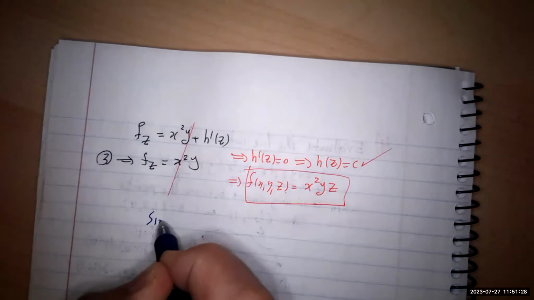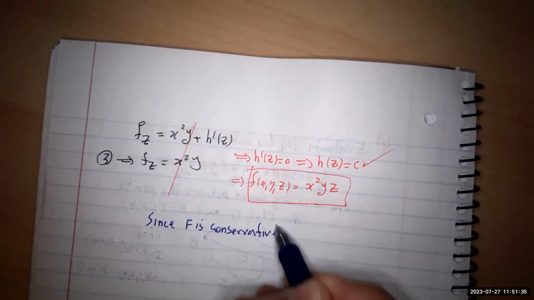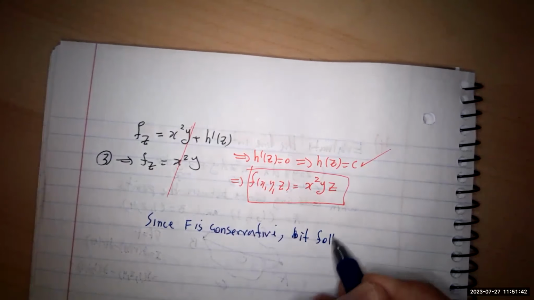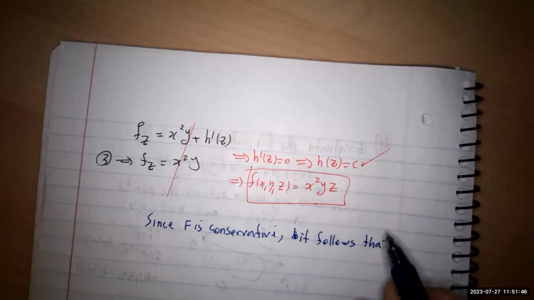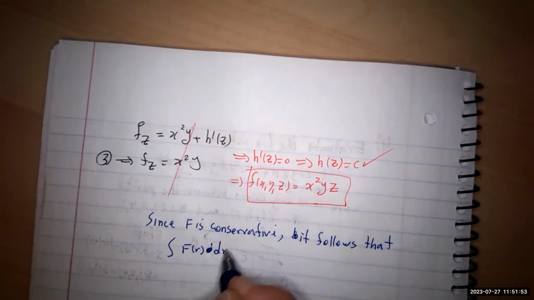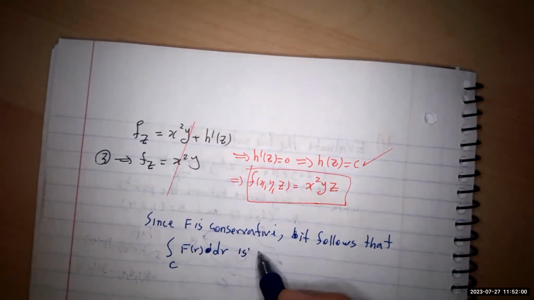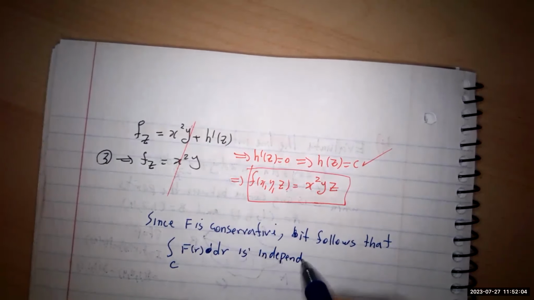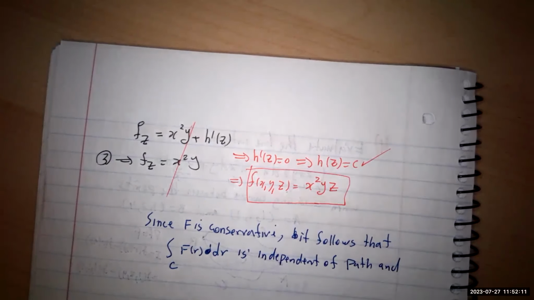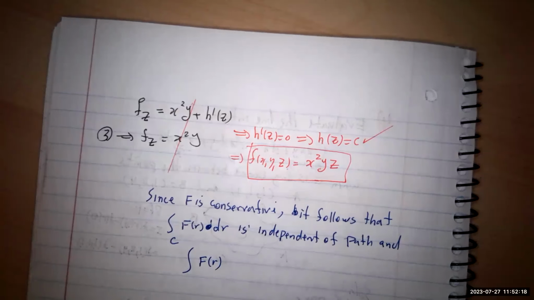So there you are, since f is conservative, it follows that the integral of F dot dr, or just the integral, is path independent, or independent of path, and by the fundamental theorem of calculus for line integrals.